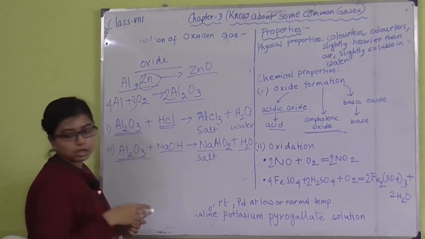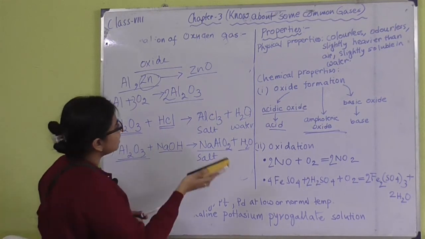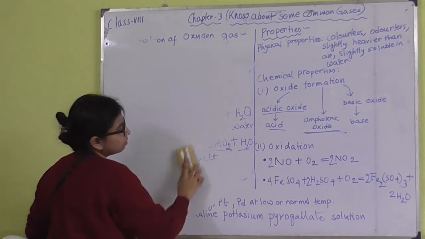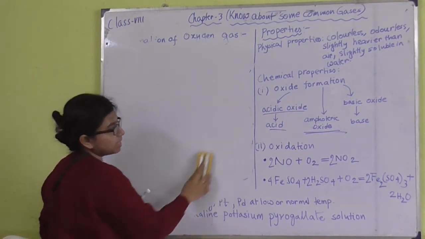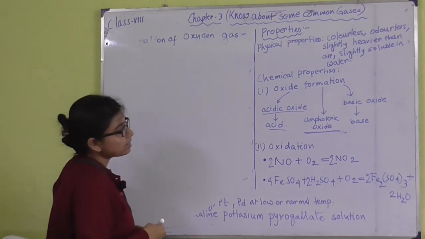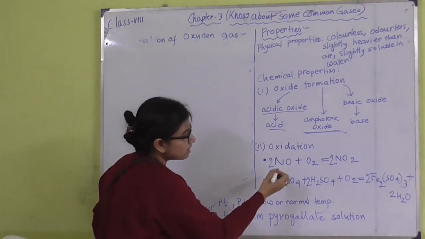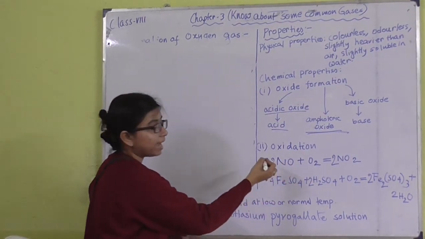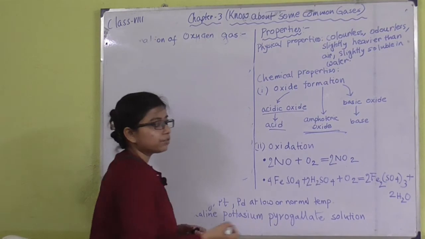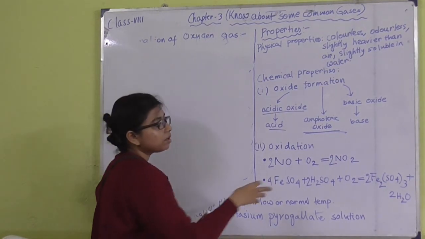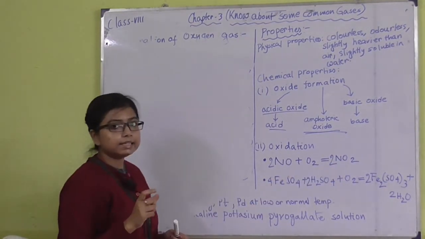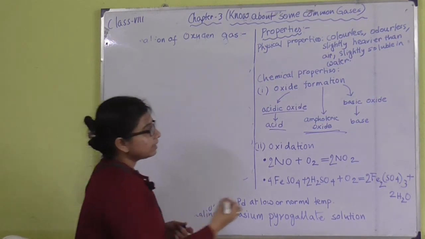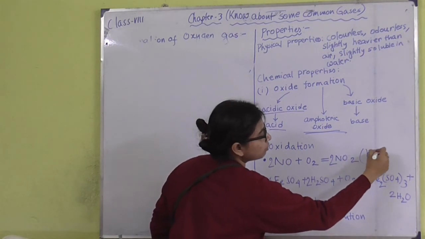Now the next oxidation reaction we have, basically when oxygen is added to some elements, then it will get oxidized, and here we can see the formation of nitrogen dioxide. If oxygen reacts with nitric oxide, it will give us nitrogen dioxide, and the formation of nitrogen dioxide can be identified by the generation of brown fumes.